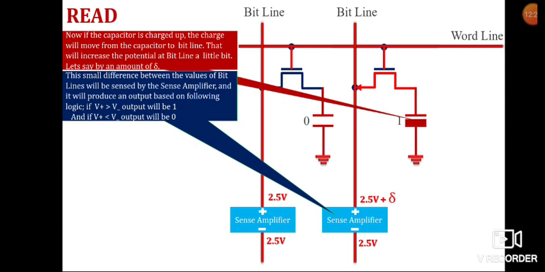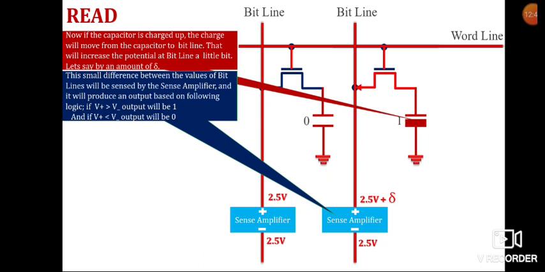Okay, that op amp designed to work as a comparator: if the potential applied at the positive terminal of the op amp is greater than the negative terminal, then its output will be 1, otherwise the output will be 0. I have not shown the op amp here because in this box we have certain other things like latches also, to store the information. Otherwise you may consider it as a simple op amp only.